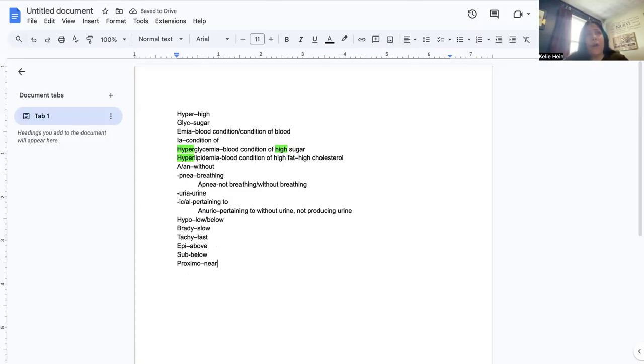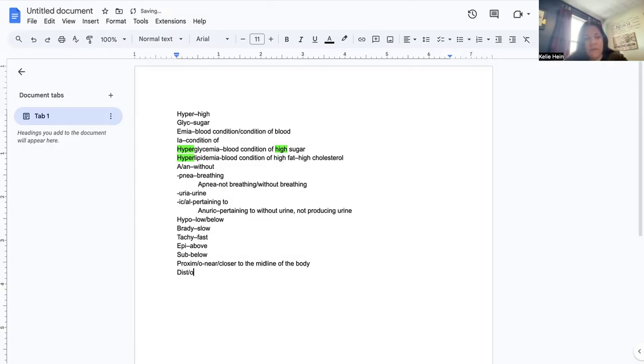If something is proximal to, if you are proximal to the grocery store, it's closer to you. Okay. It doesn't take you as long to get there. Let's put a slash in there. Proximo, near. Okay. This is really referring to closer to the midline of the body, but sometimes you have to have a real world example, right? Closer to the midline of the body.